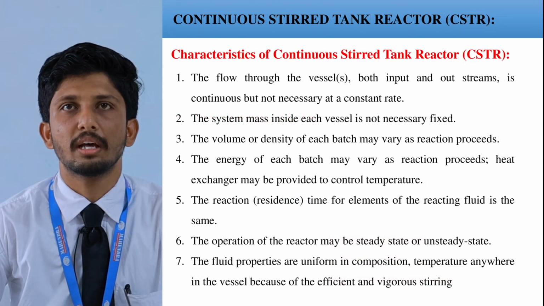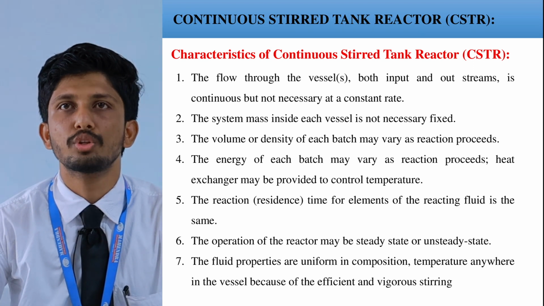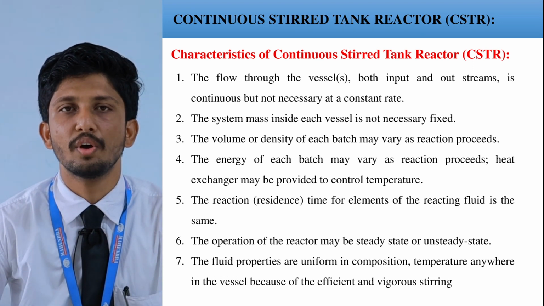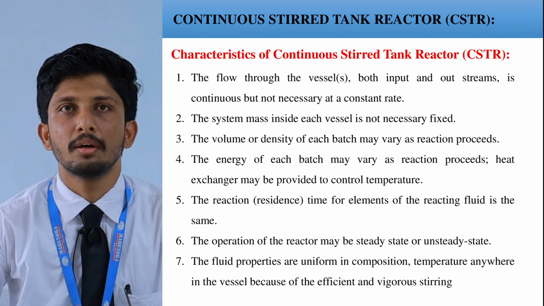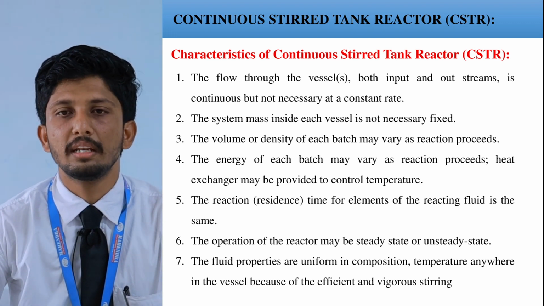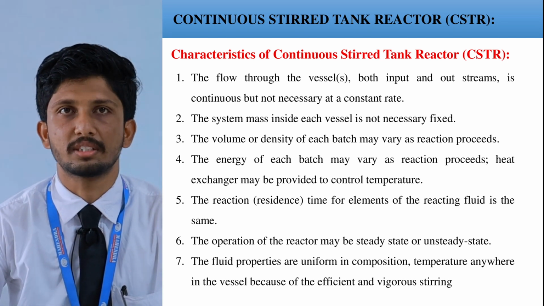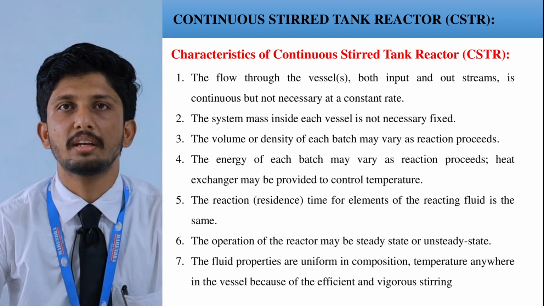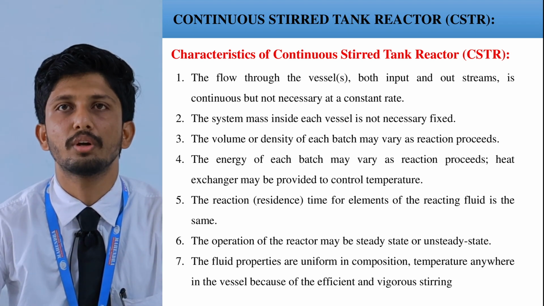Next, the main characteristics of CSTRs are flow through the vessel. Both input and output streams flow continuously across the reactor boundaries. The system mass inside the reactor is constant. The volume or density of each batch may vary with respect to reaction.